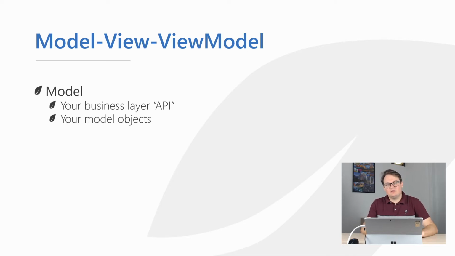It doesn't mean a real API. It's just what the business layer gives to you, and not only the functionality, also the data models. So if you get information about a customer, it's also what fields are included with this object. So for me, the model is basically what the business layer gives me and what it accepts from me when I need to do something.